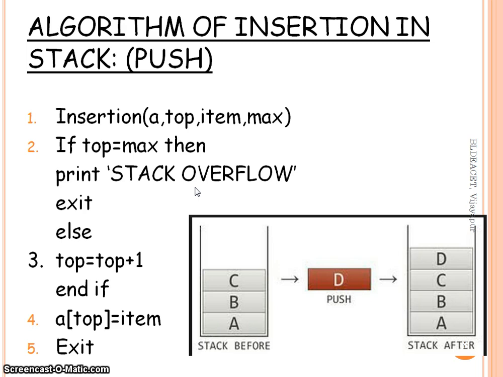If top equals max, you print an appropriate error message, stack overflow. Otherwise, first increment top, top equals top plus 1, then insert the item at the top of the stack. In this way I can insert the element D onto the top of the stack and the top pointer is automatically incremented to D.